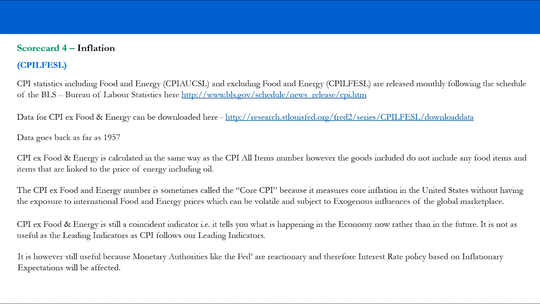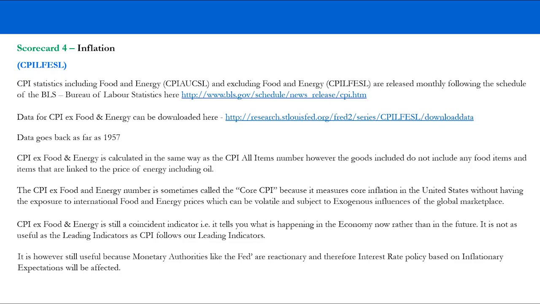However, it is still pretty useful to us because monetary authorities like the Fed, as we've seen on many occasions when analyzing our data, are reactionary. Therefore interest rate policy, money supply policy, all monetary levers are essentially based on inflationary expectations, and the way in which they behave will be affected by their expectations of the inflation numbers.